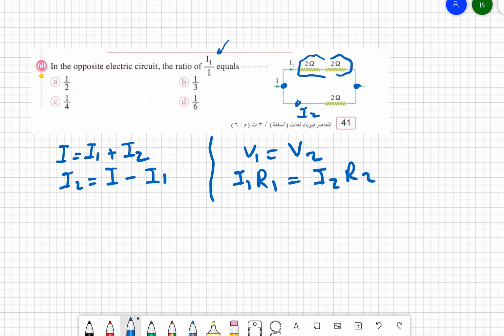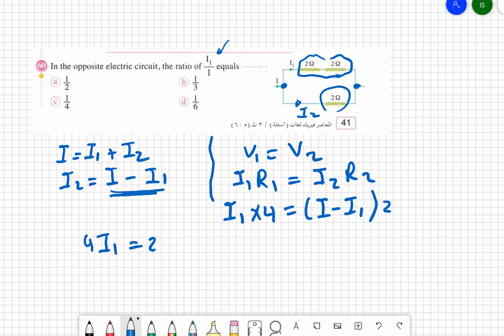R1 is 4 ohms because there are 2 in series. So I1 times R1, 4, equals I2, which equals I minus I1, times R2. R2 is 2. So 4 I1 equals 2 I minus 2 I1. It goes to the other side. So 6 I1 equals 2 I.